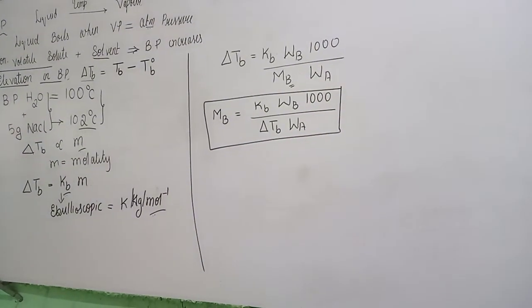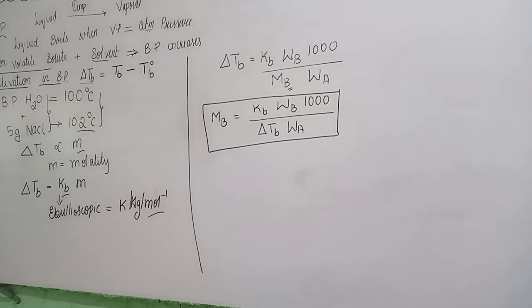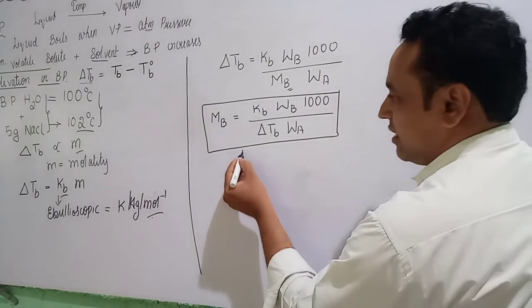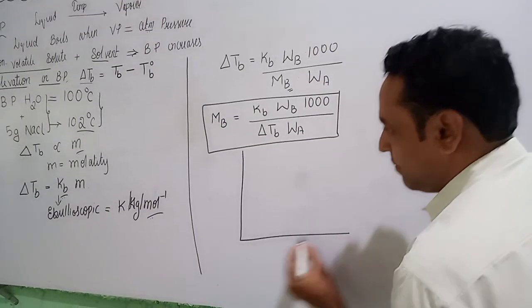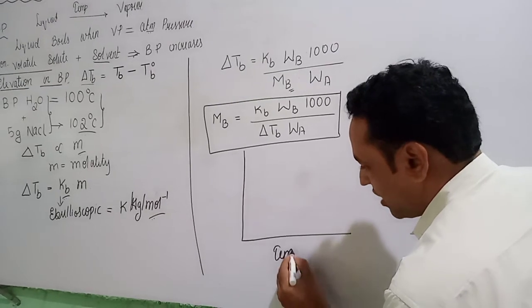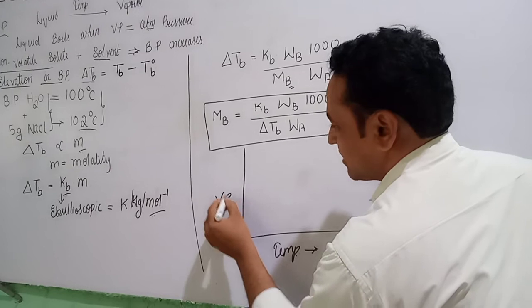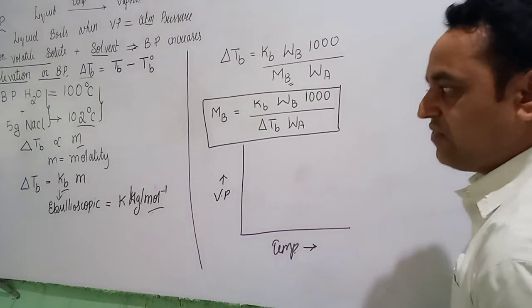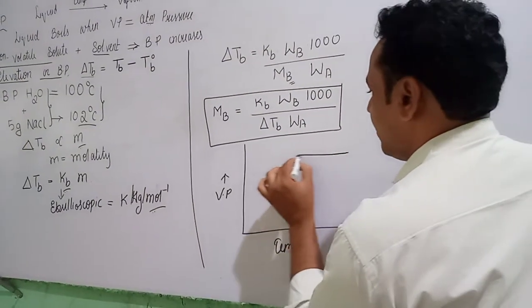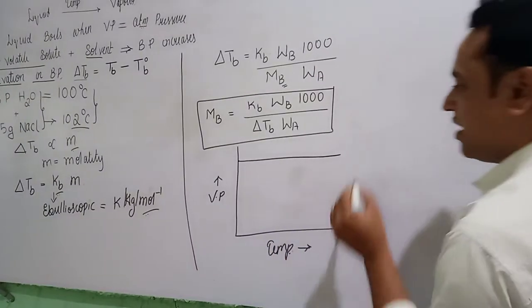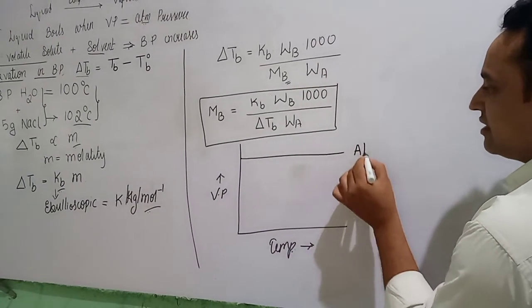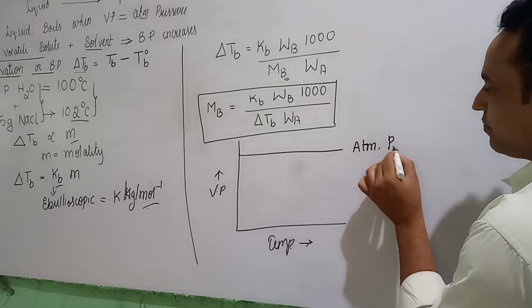The same concept, elevation in boiling point, if you want to represent it graphically, then take temperature on one axis and vapor pressure on the other axis. As I said, the liquid begins to boil when the vapor pressure is equal to atmospheric pressure. Consider this as atmospheric pressure.